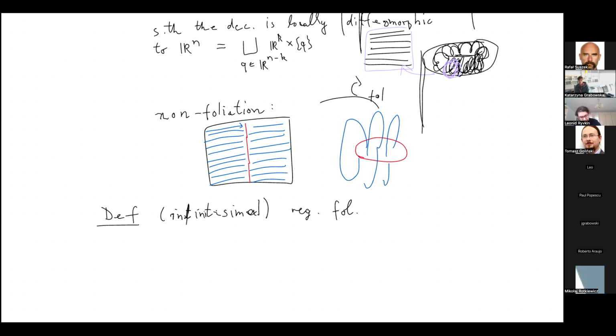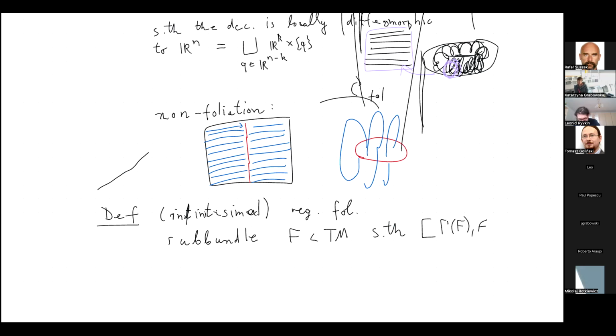It's a subbundle F, for foliation, in TM, such that if we take the Lie bracket of a section of it and another section of it, the result lies again inside it.